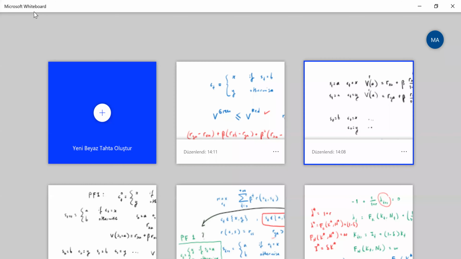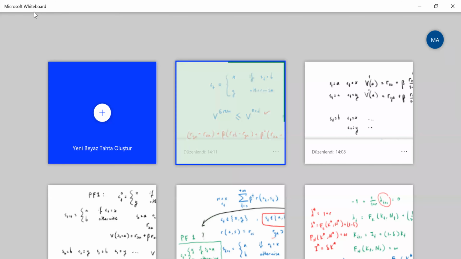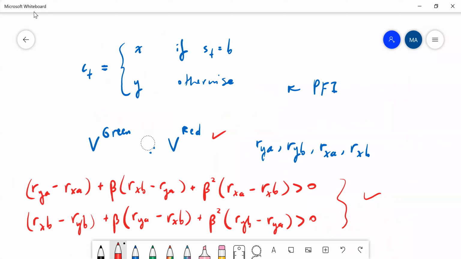Sorry, this was wrong. Okay. So this is your green policy, and green policy will maximize. So here we are looking at strict inequality because these inequalities are strict. So it doesn't really matter. I mean, if you find these things, it is already good enough.